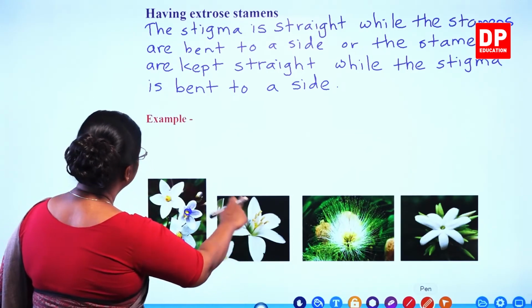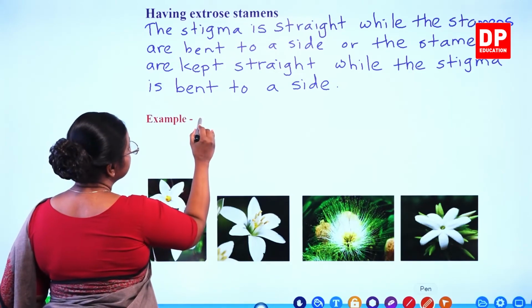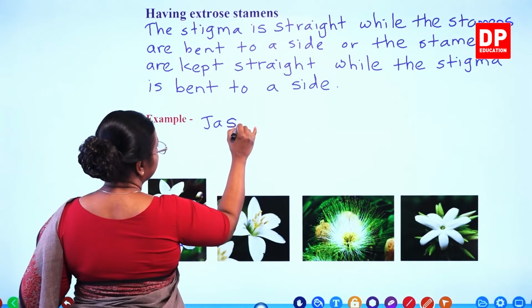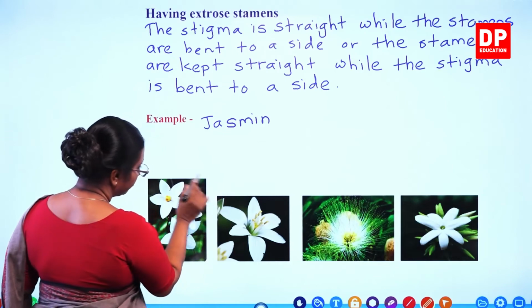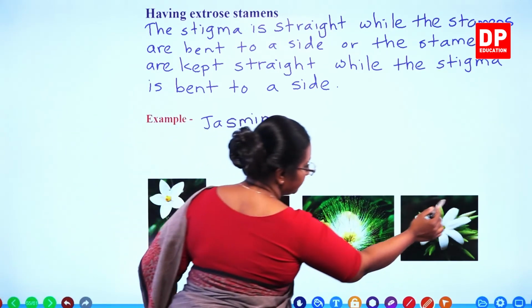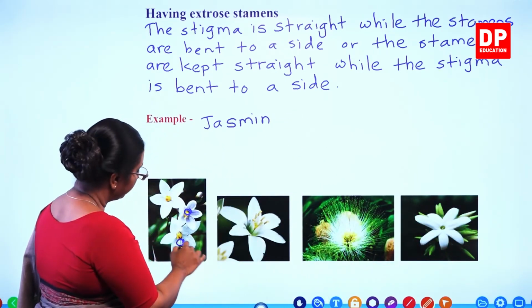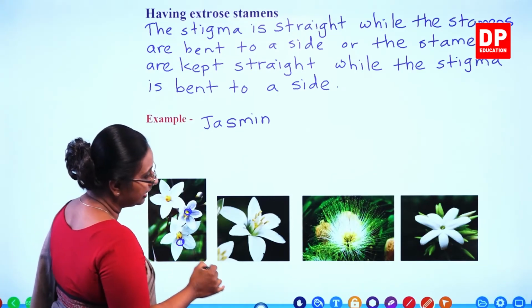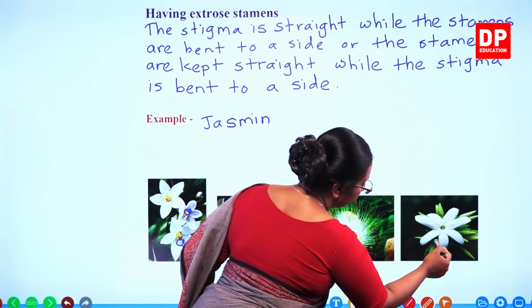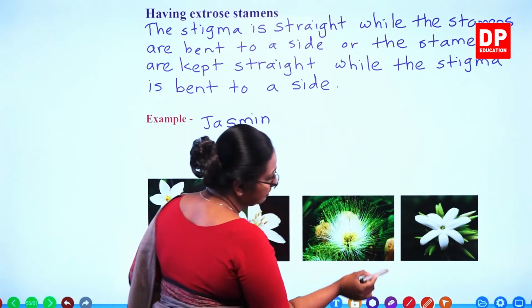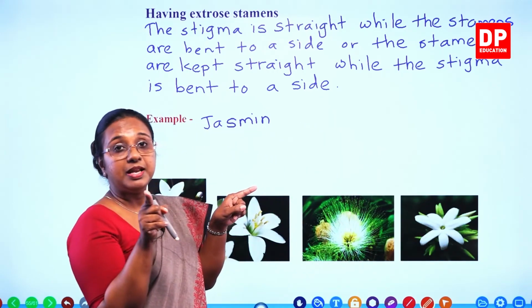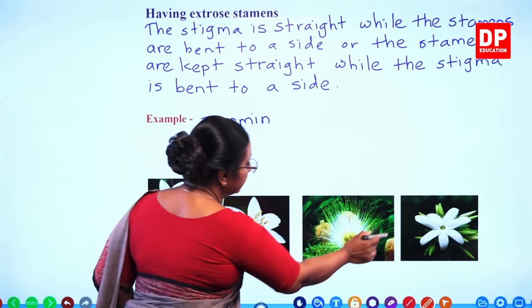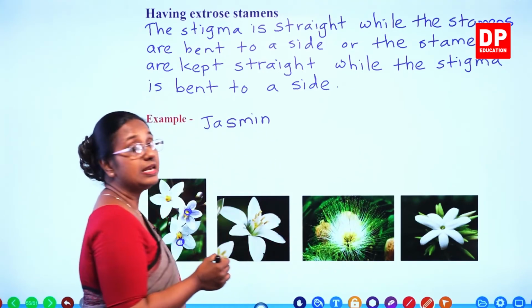So for examples here, we can see jasmine flowers, jasmine. Here I have shown different types of jasmine. I put these pictures so that you can see the positioning clearly. Here also when you look closely, you can see in the middle the stigma and the stamen bent to the other side. Here this is the lebec flower or pin flower.